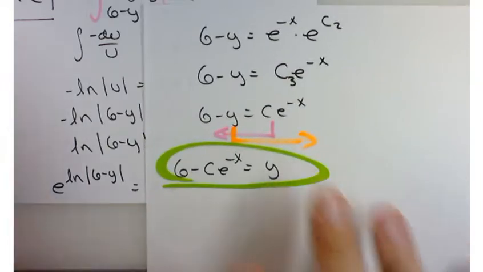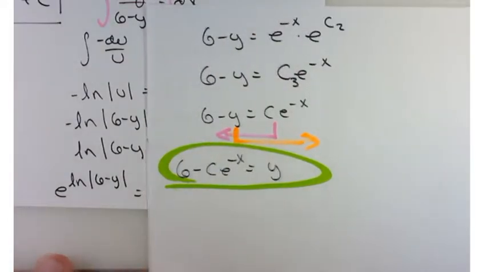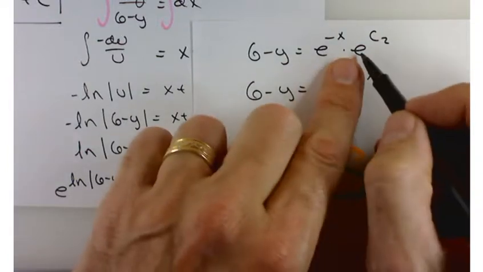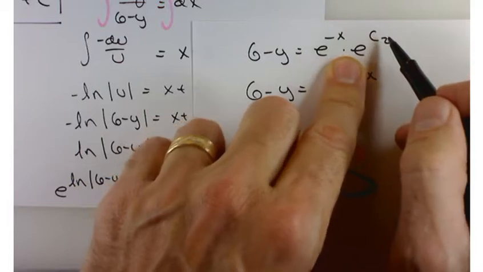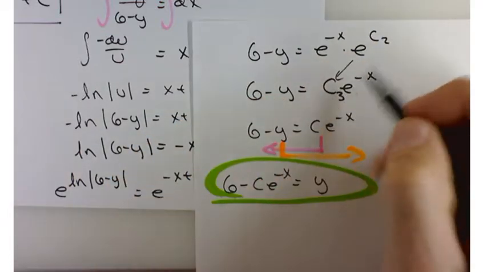Anything else on number 4? Why do you bring down the C's here? Okay, because I have e, which is a constant, to another constant. So a constant to a constant, and that's where this constant came from.